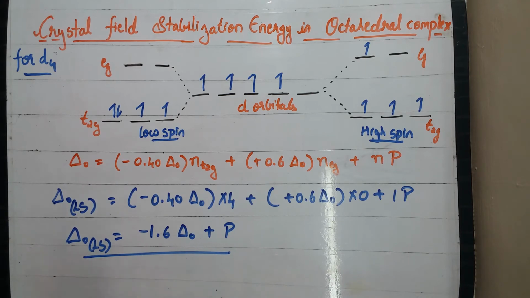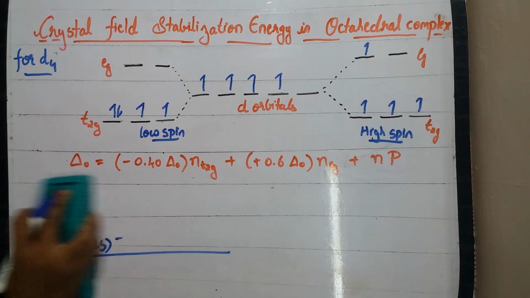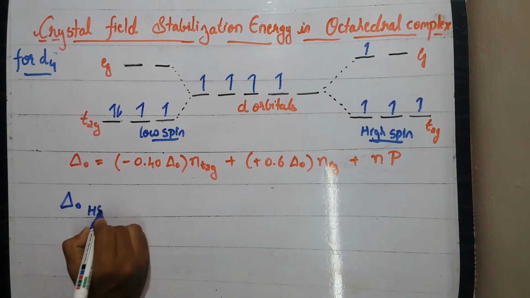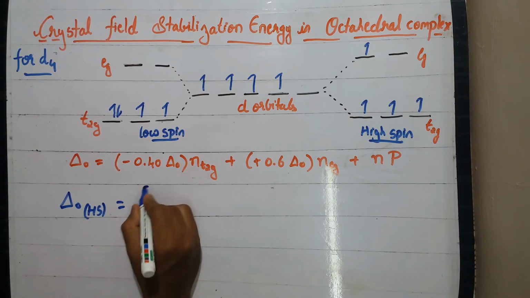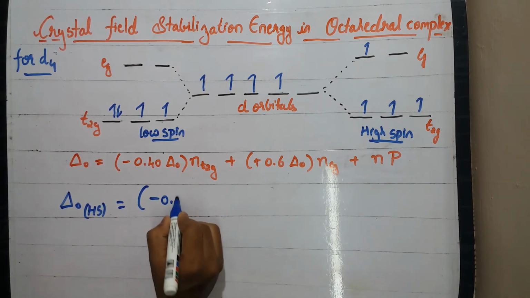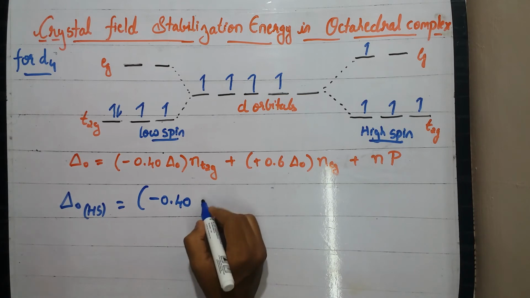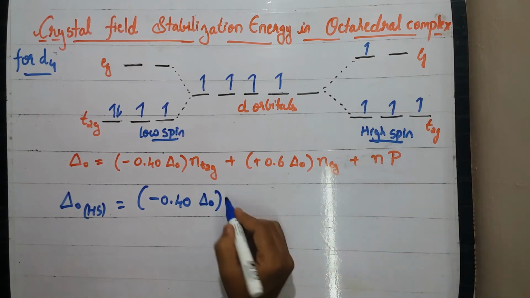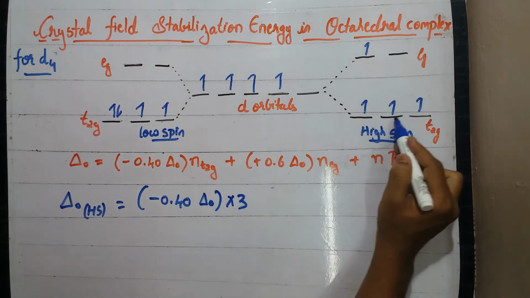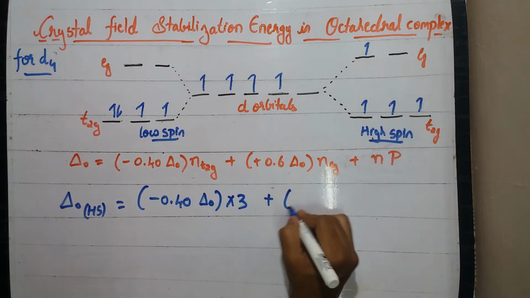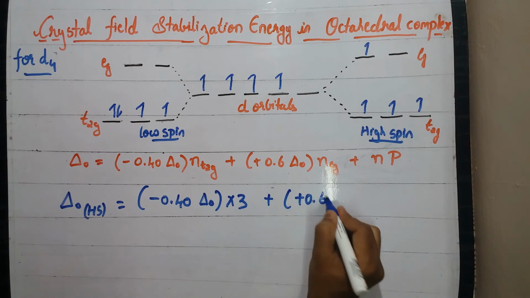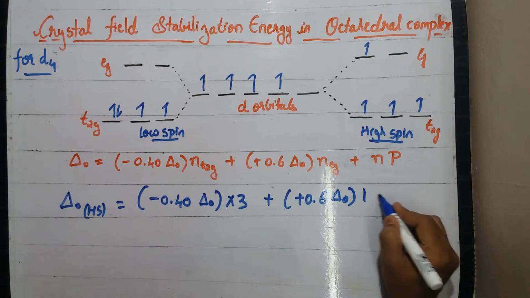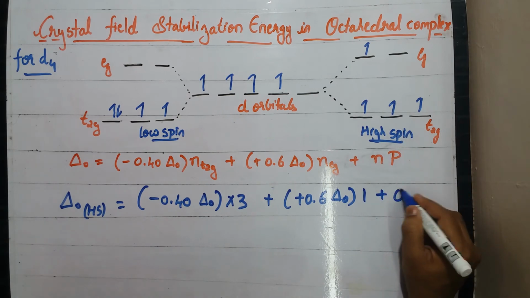Then comes the CFSE for a high spin. It would be minus 0.40 delta naught into the number of electrons in the T2g level, which is 3, plus 0.6 delta naught into the number of electrons in the Eg level, which is 1, plus the number of paired electrons, which is 0.